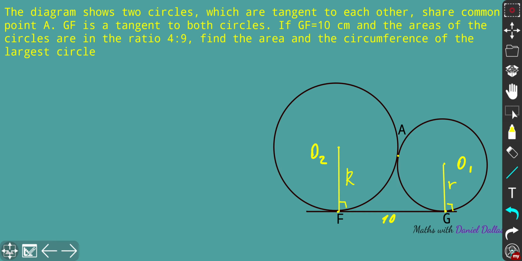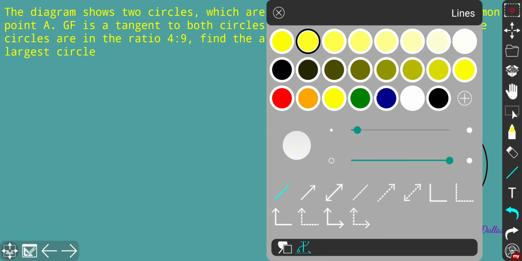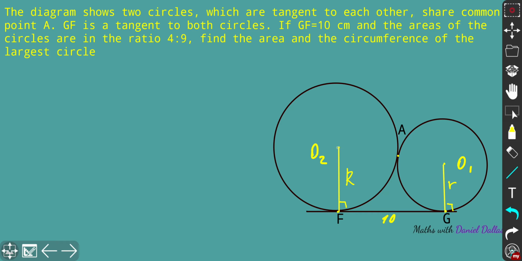And also, because A is the common point of the two circles, which share this point between each other, we can say that if we put, let's say, that blue line connecting the centers, the segment O2O1 should go through the common point A. Why?